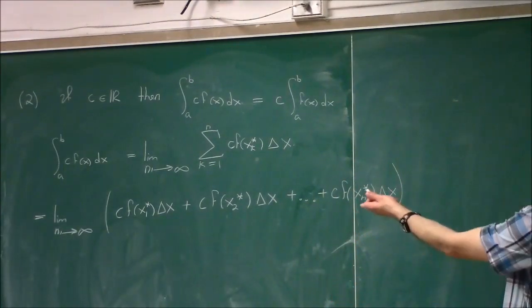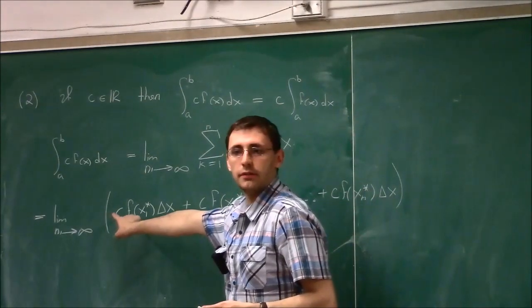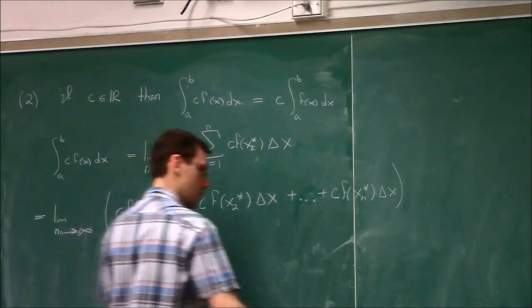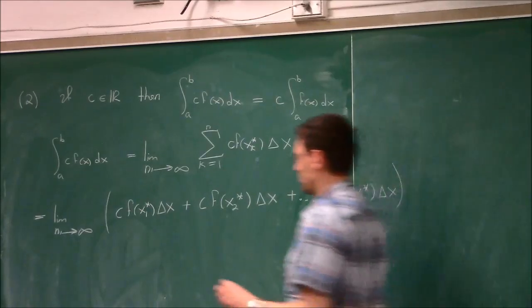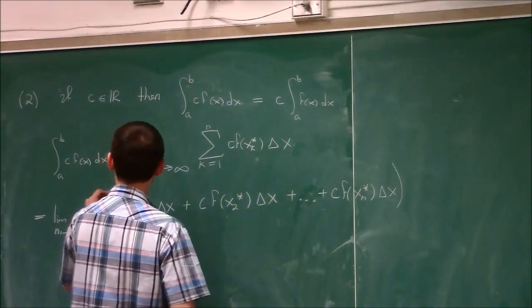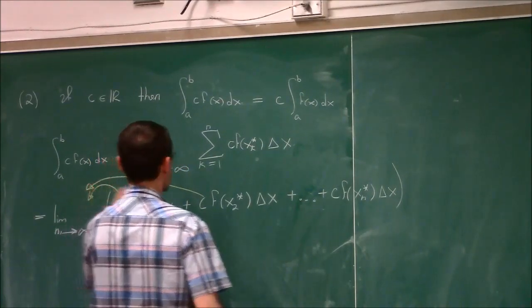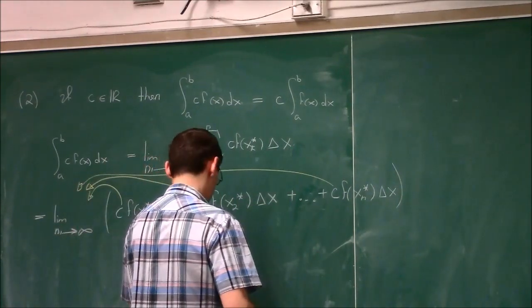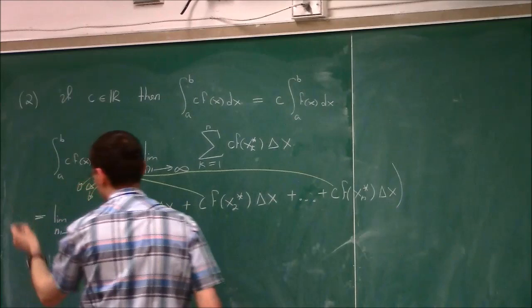That's what we are seeing, right? This is just a sum, and what you notice is C is a common factor. So it's a finite sum, C is a common factor, so I can just pull the C out. Factor it out. So this is simply, and C can be factored out of the limit.